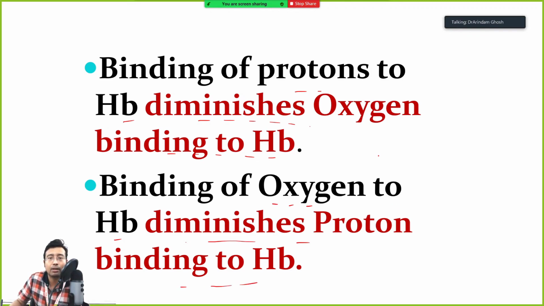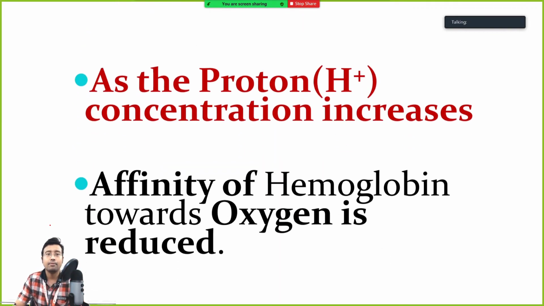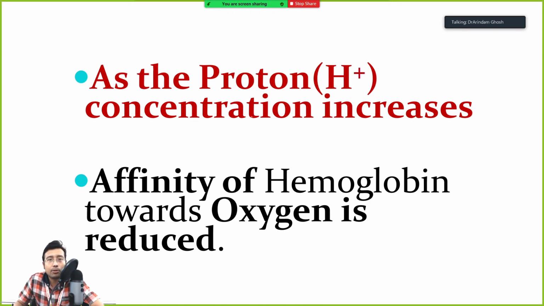This is happening at the tissues, and this is happening at the lungs. So as the proton concentration increases, I'm saying too much, that's my bad habit, I have too many bad habits and this is one of them. The affinity of hemoglobin to oxygen is reduced.